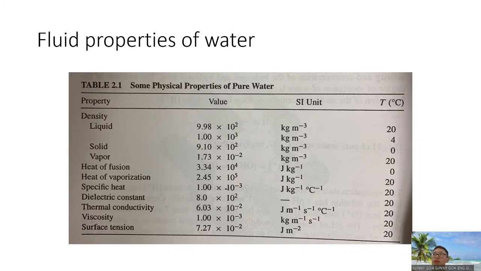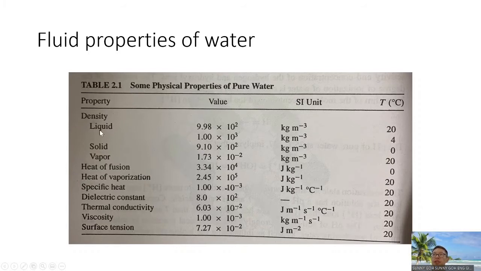So this slide shows the fluid properties of water. It's good to know a little bit the properties of water, and there are a few different properties of water. For example, table 2.1 here shows some physical properties of pure water.